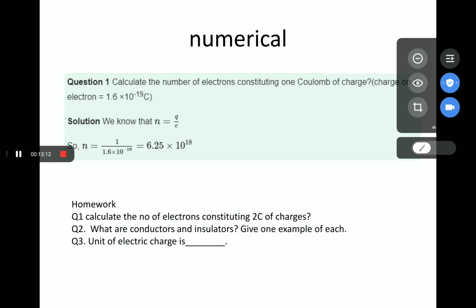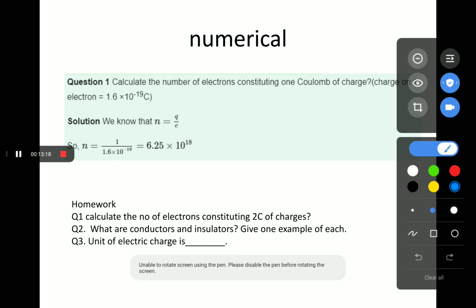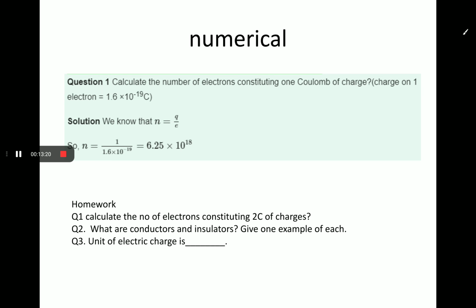Now, in the next slide, there is a numerical, and this numerical is very important. The question is: calculate the number of electrons. As you have seen in the quantization of charge, n is the number of electrons, consisting of 1 coulomb of charge, so Q is equal to 1 coulomb. The charge on 1 electron is already given as 1.6 × 10^-19 coulomb.